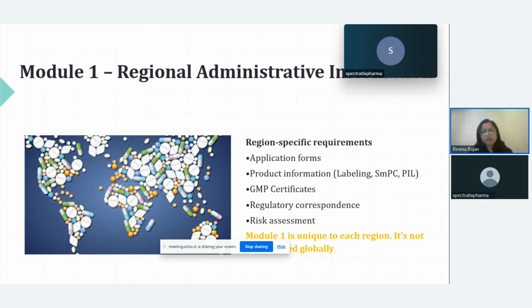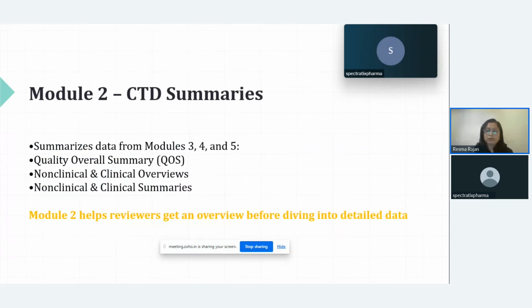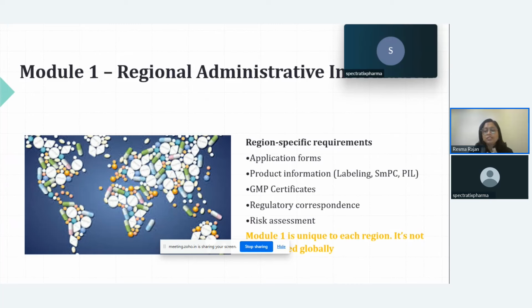So EMA or MHRA, of the UK and EU, that varies. This particular module is the one module which is unique to each region and is not harmonized globally. Out of the CTD, module 1 is not harmonized globally because it has region-specific requirements. So the application form will be there, and product information, for example, labeling.